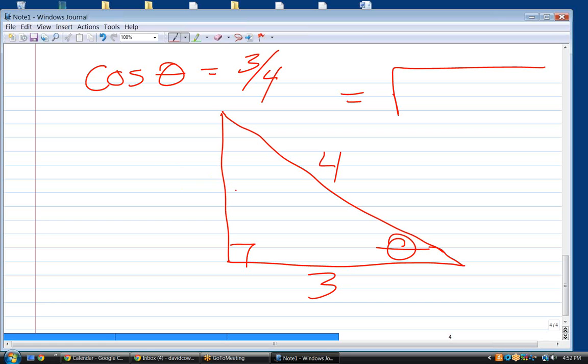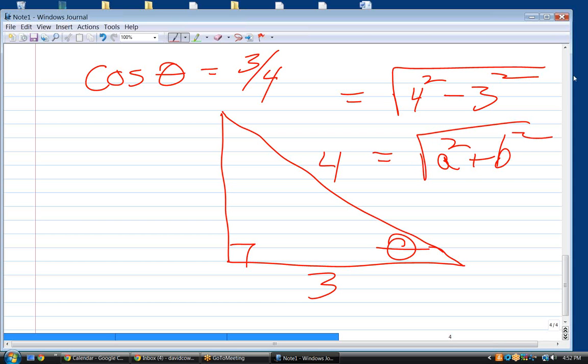When you're solving for one of the legs, it's the square root of the hypotenuse squared minus the other side squared. If you're solving for the hypotenuse, it's the square root of the other 2 sides, a squared plus b squared. So those are the only 2 situations you have.